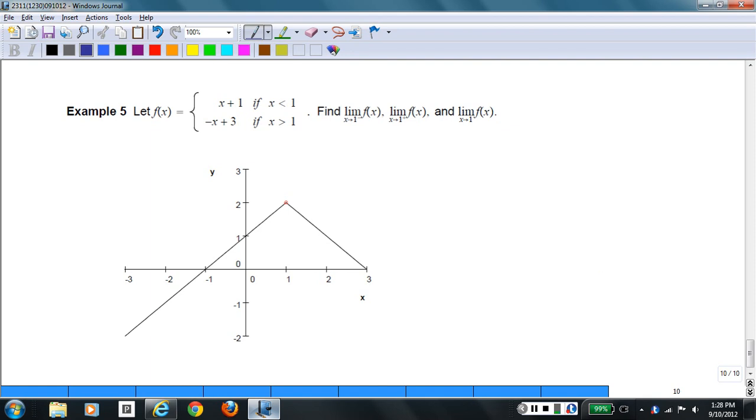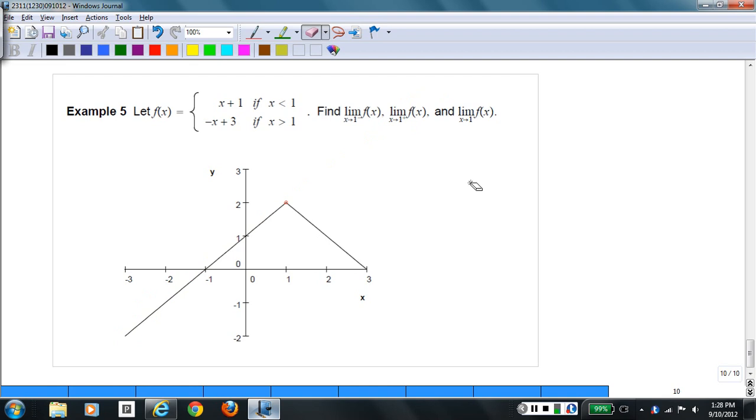It's defined to be y equals x plus 1 if x is less than 1. If I were to draw the entire graph of y equals x plus 1, it would look like that, but I don't want the entire graph. I just want points that have x coordinates less than 1, and those are on that piece of the graph.